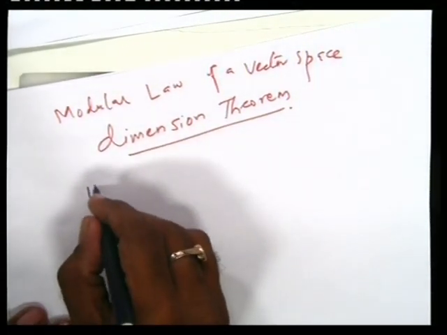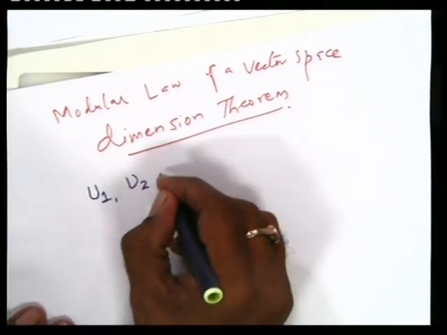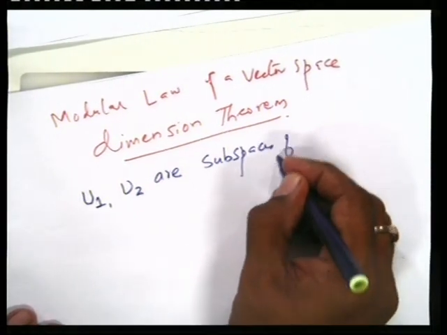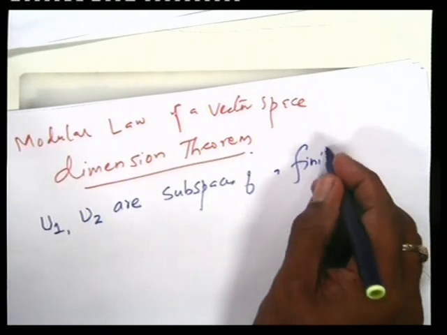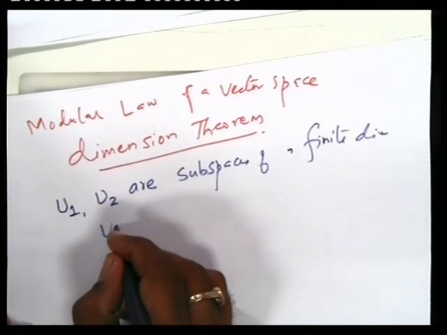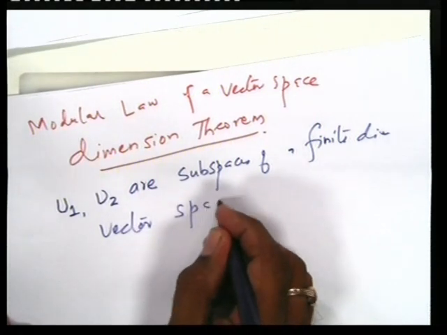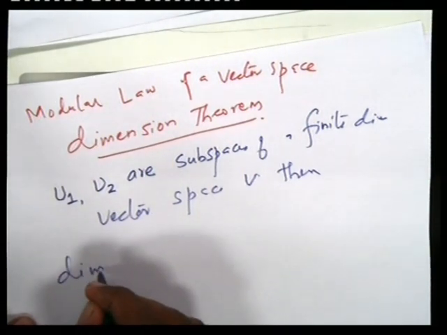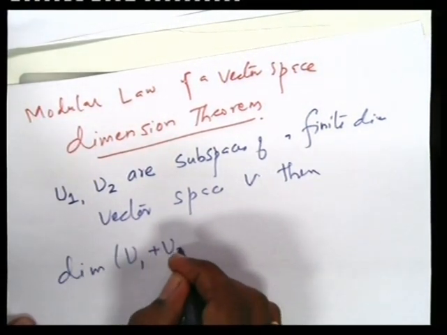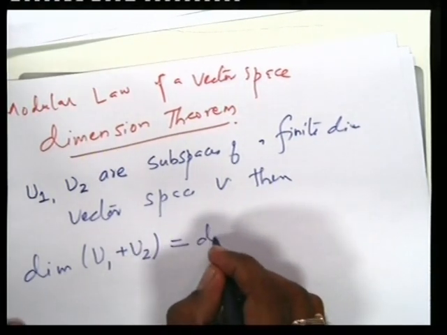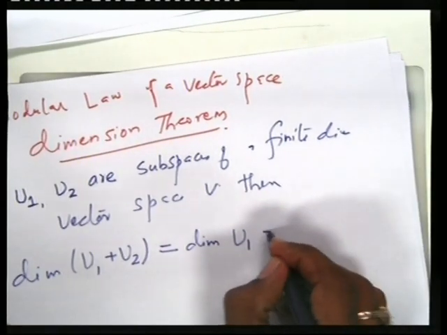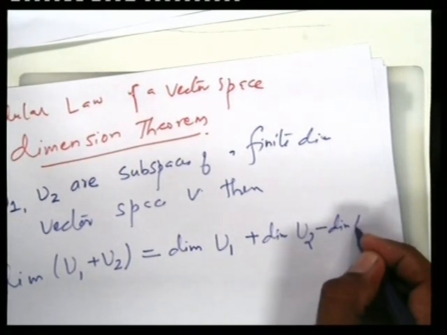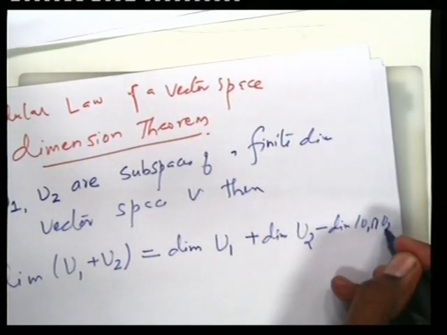If we are given that U1 and U2 are subspaces of a finite dimensional vector space V, then the dimension of U1 plus U2 is always the dimension of U1 plus the dimension of U2 minus the dimension of U1 intersection U2.